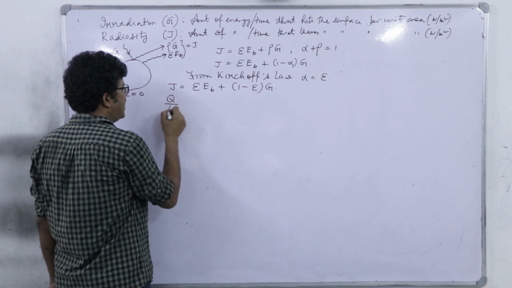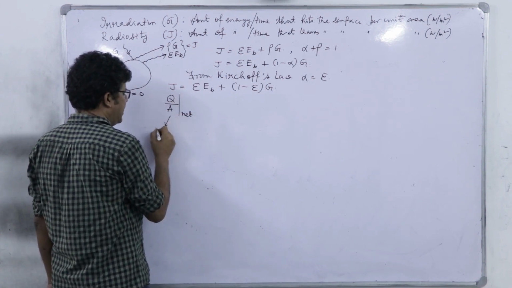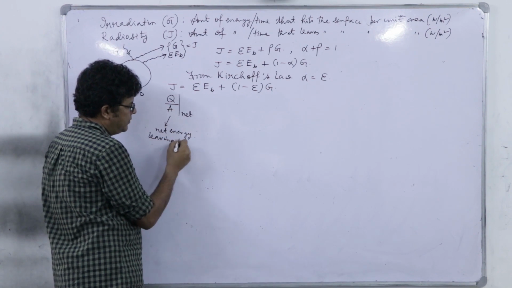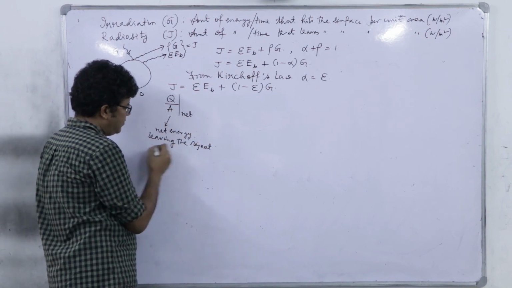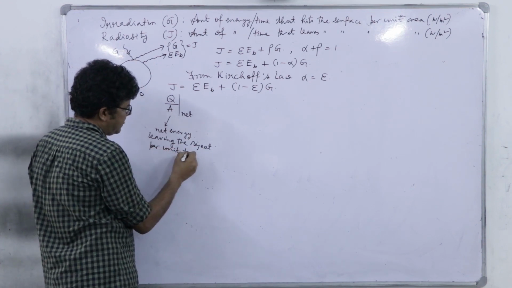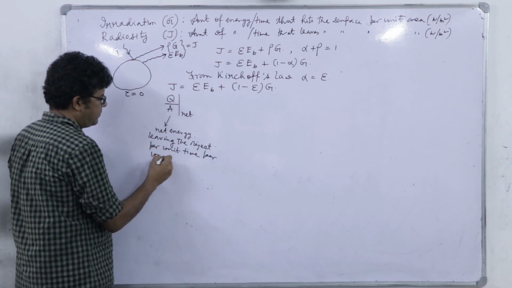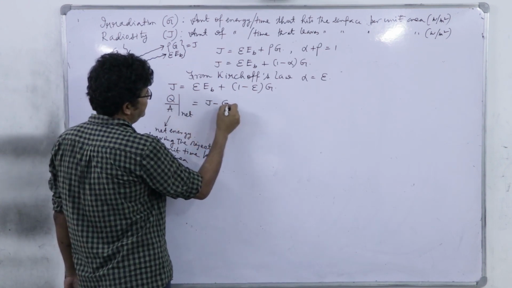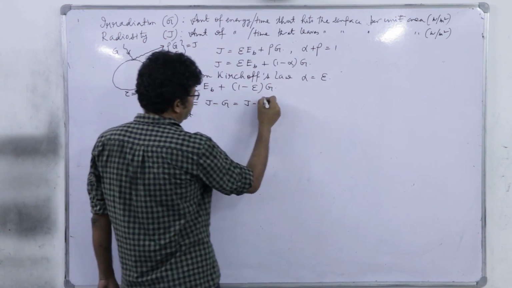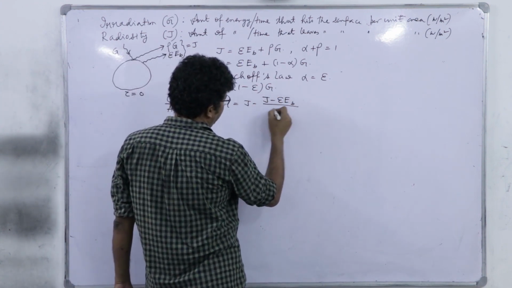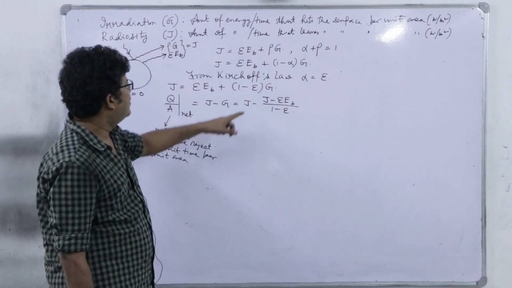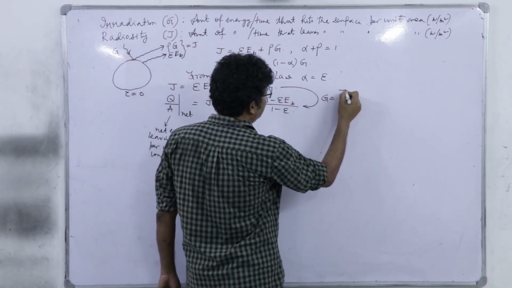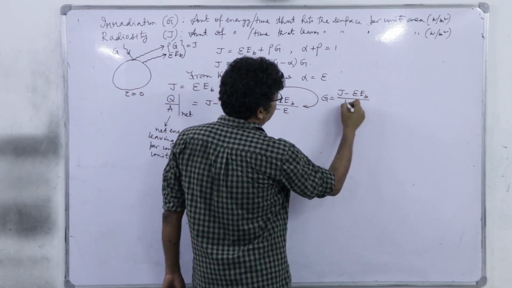Now, Q by A net, which is the net energy leaving the object per unit time per unit area, is equal to J minus G. From the above expression, G is equal to J minus epsilon EB divided by 1 minus epsilon.